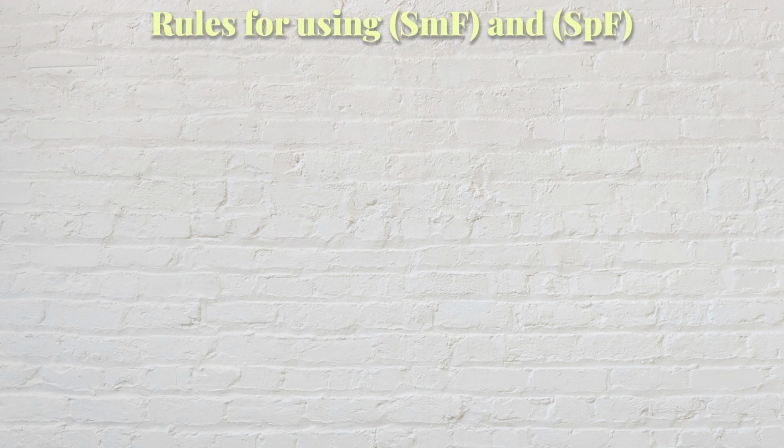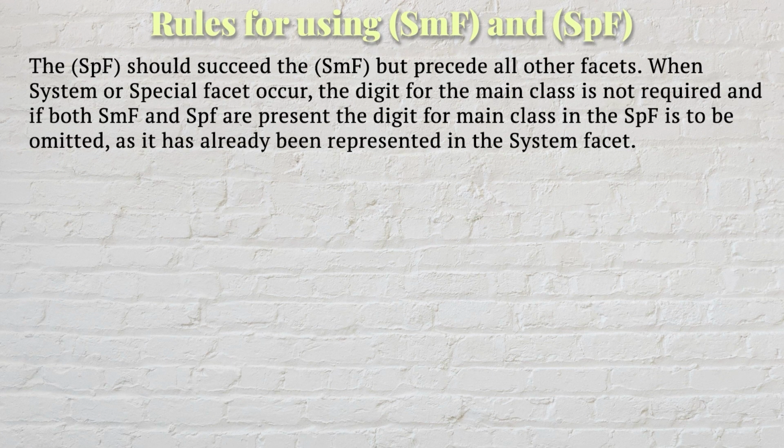Now, what are the rules we have to follow for using systems facet and special facets? The special facet should succeed the system facet but precede all other facets if both the facets are present.